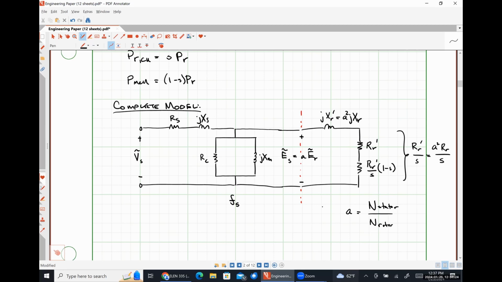Effectively, core losses are represented by this resistance here, R_C. That resistance R_C is in parallel with our induced stator voltage, right? So the voltage drop across that resistor R_C squared divided by the resistor value is going to give me the power. And then I multiply that by a factor of 3 because there are 3 phases. So all of this is coming from just basic elementary circuit analysis techniques.